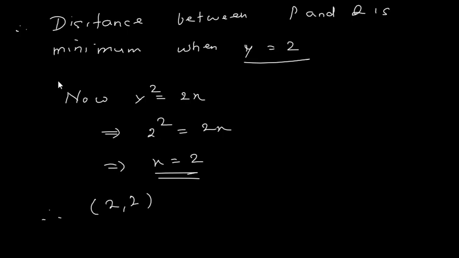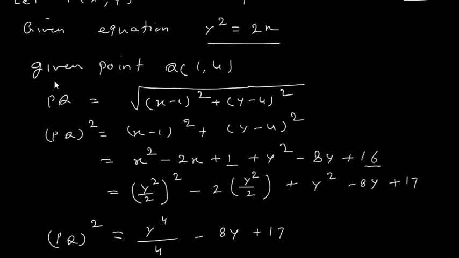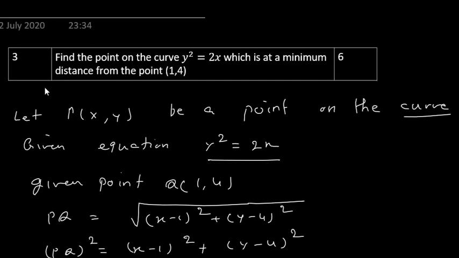So (2, 2) is the required point. It means this is the point from which the distance to the other point Q, which is (1, 4), is minimum. So we have to find the point. So this is the point.